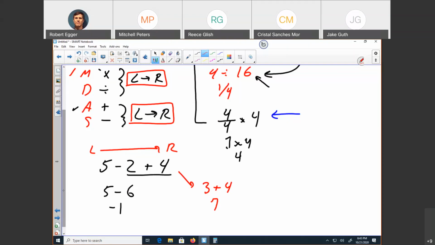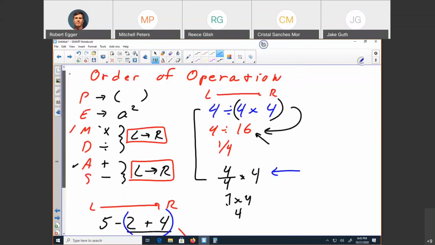However, if this is what you wanted, parentheses. So those are the common mistakes that I usually see in order of operations: the left to right confusion. The left to right rule.